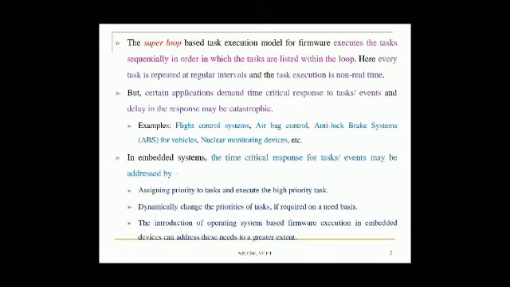Time-critical applications, for example flight control systems, airbag control systems, anti-lock brake systems, and nuclear monitoring devices. Here the margin of error and response times are very critical. A delay of a nanosecond may lead to a disaster or some catastrophic action.